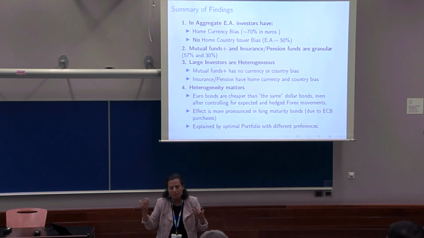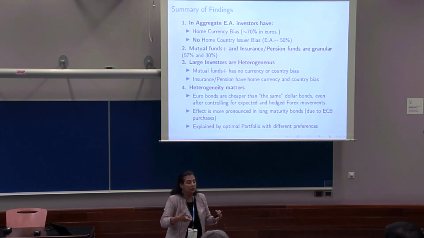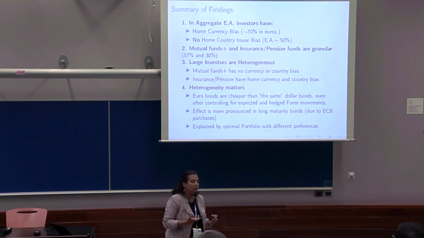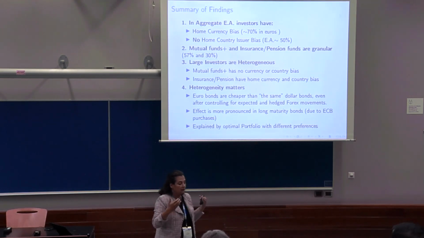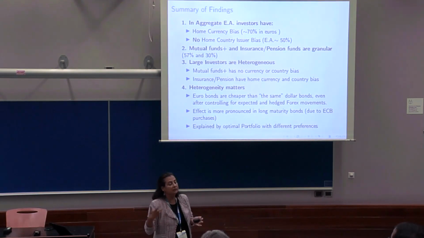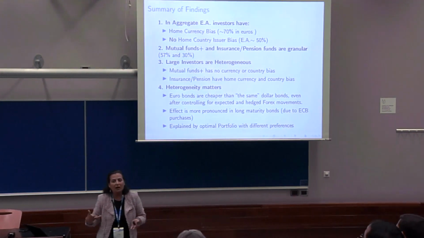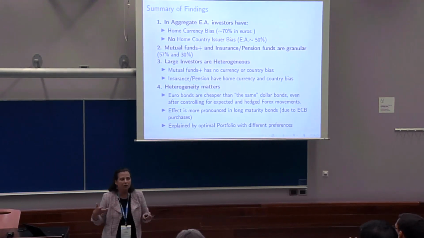This means that when the asset purchase plan of the ECB starts taking euro-denominated bonds out of the market, it is going to have an impact on prices. And this impact is really significant, to the point that euro-denominated bonds are going to be significantly cheaper than the dollar-denominated bonds, even when we account for expected or hedged exchange rate movements.